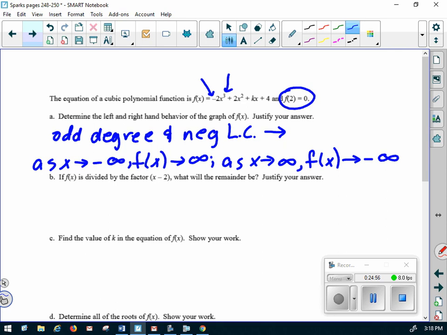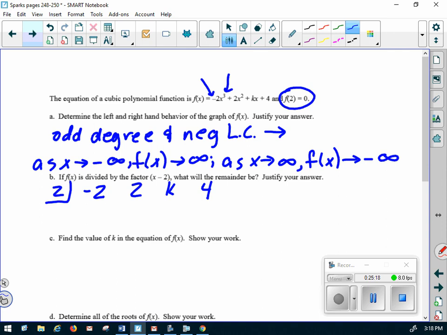So if we do synthetic division, we're dividing by 2. The numbers are -2, 2, k, and 4.